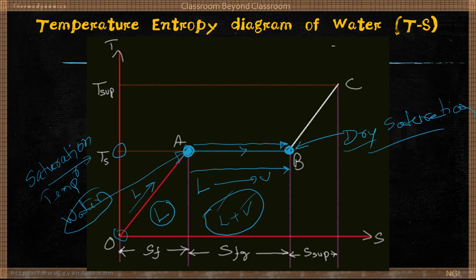So if you look at the points OAB, O means water at 0 degree centigrade, suppose, and A is water at saturation temperature.